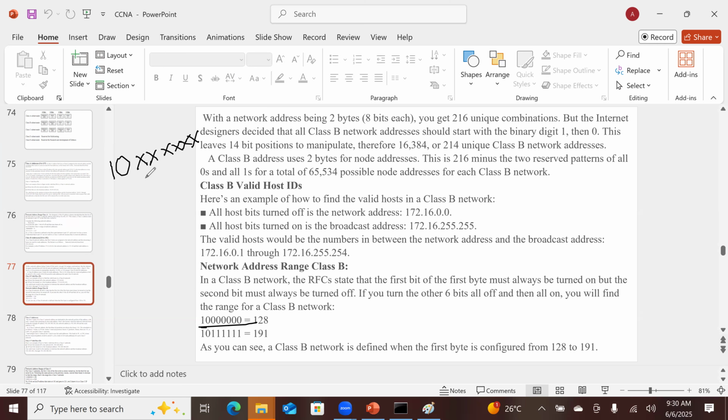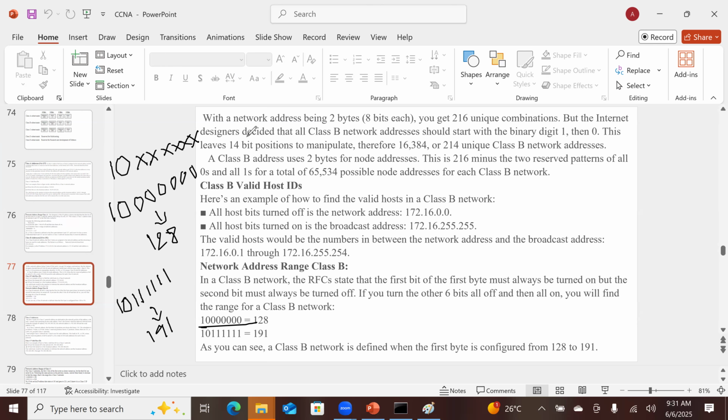If I make them all 0, with 1 and 0 constant, this becomes the starting range of class B, that is 128. If I make all of them 1, 10111111, this becomes 191. This is the last range of the class B.